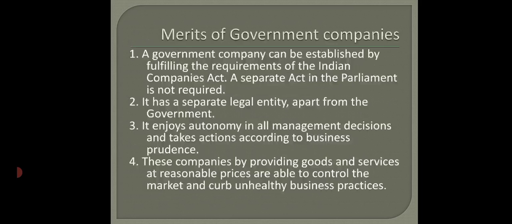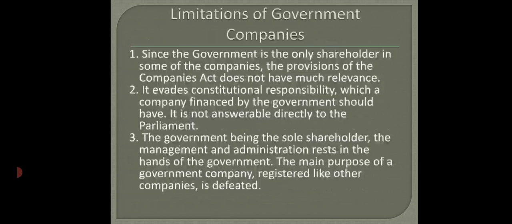These companies, by providing goods and services at reasonable prices, are able to control the market and curb unhealthy business practices. So whenever the government thinks that there is a monopoly in the market affecting the market situation, the government can form a government company, manufacture the goods at reasonable prices and curb the unhealthy business practices.